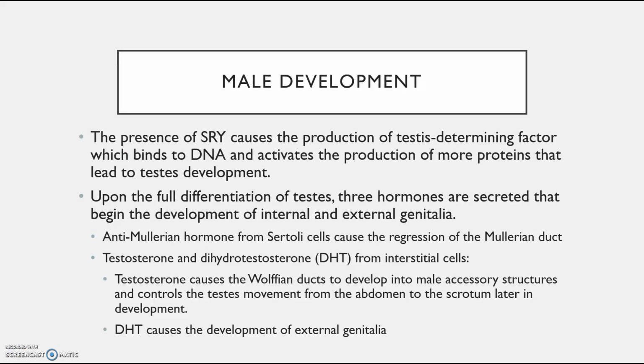Going back to the male development, we know that in the presence of DHT, the external genitalia is formed, and in the absence of DHT, male external genitalia are not formed, and therefore female genitalia is formed.